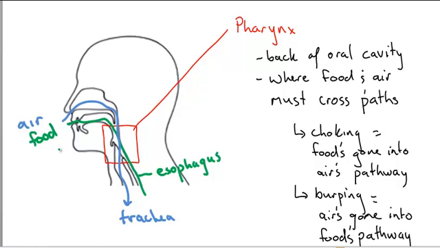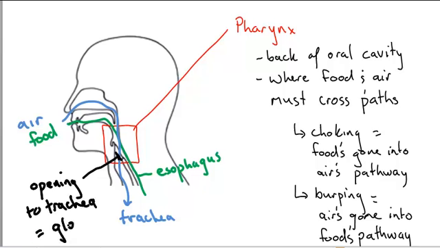And we have mechanisms for trying to prevent them from going down the wrong tube. Okay? So first of all, we have to clarify the names of a few parts. Right here, in this area here, is the opening to the trachea, which has a fancy name called the glottis.